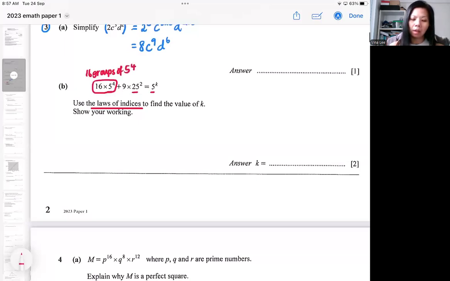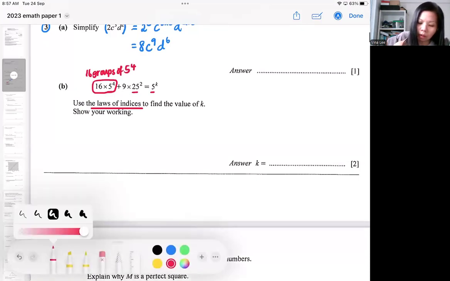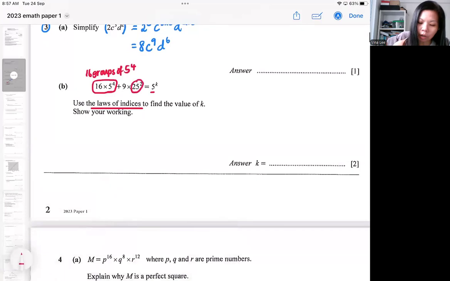Whereas for this one, you need to change first. 25 squared is the same as 5 to the power 4. Change the 25 to 5 squared, so you get 5 power 4.